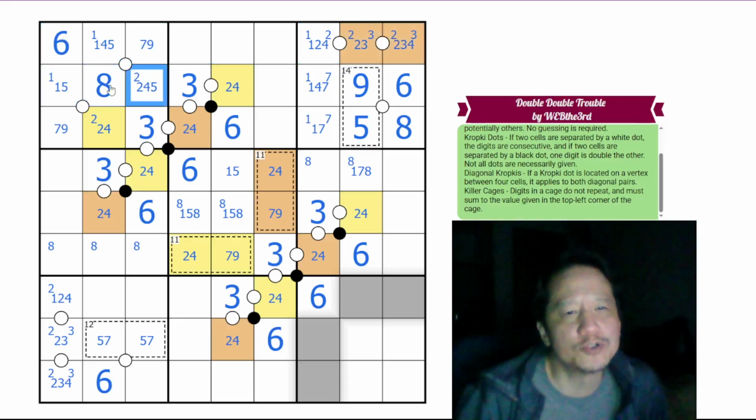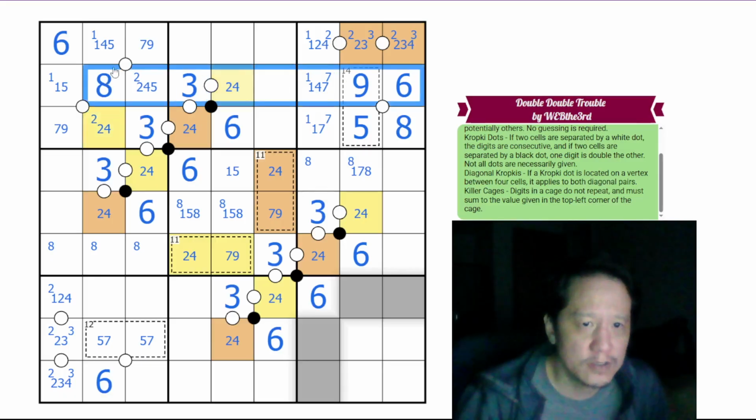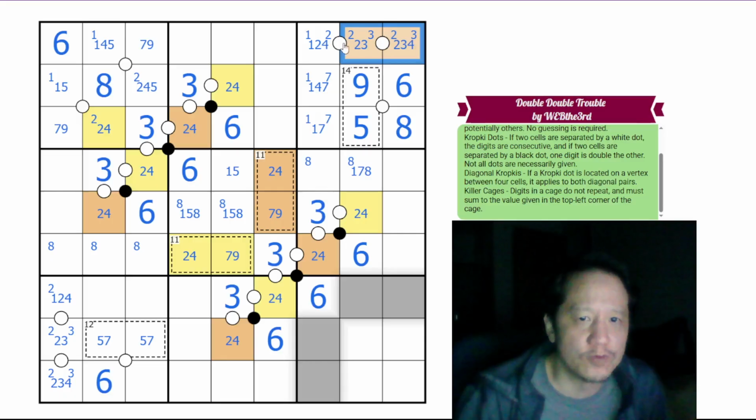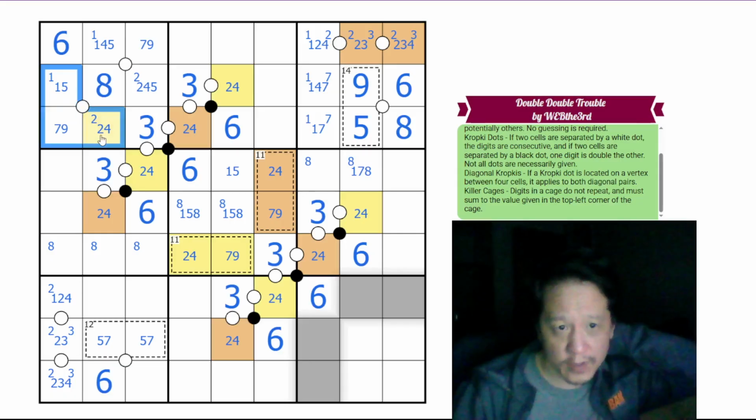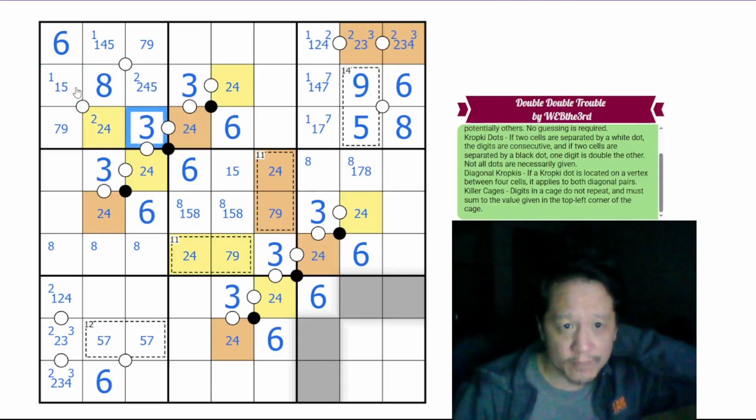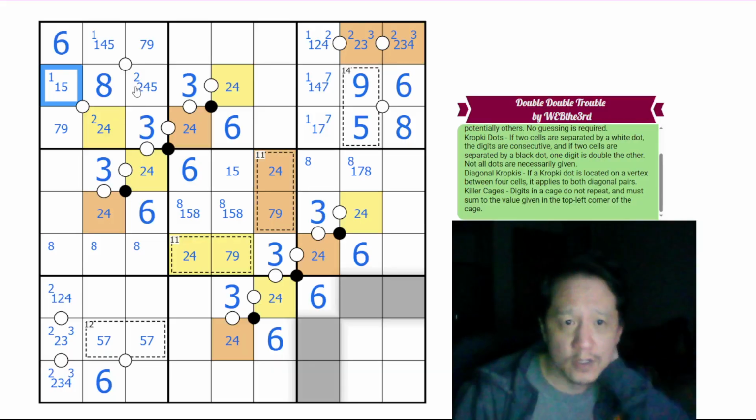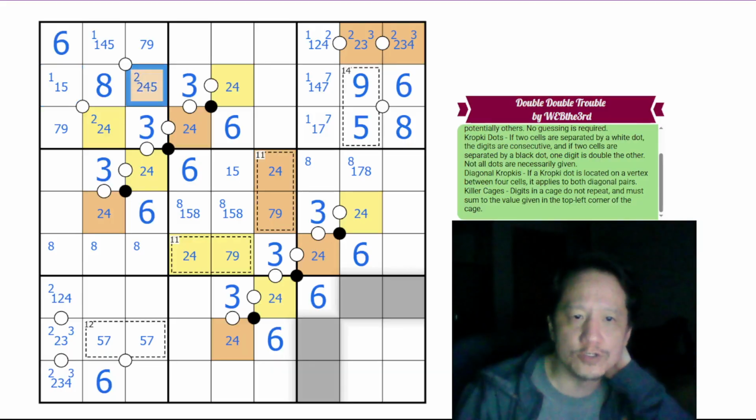Where is the orange 2, 4 in this upper left-hand box? It cannot be here because one of these is orange 2, 4. This is orange 2, 4 here, and this can't be 2 or 4 because to be consecutive here, 2 is with 1, 4 has to be with 5. So this must be the orange 2, 4 here.